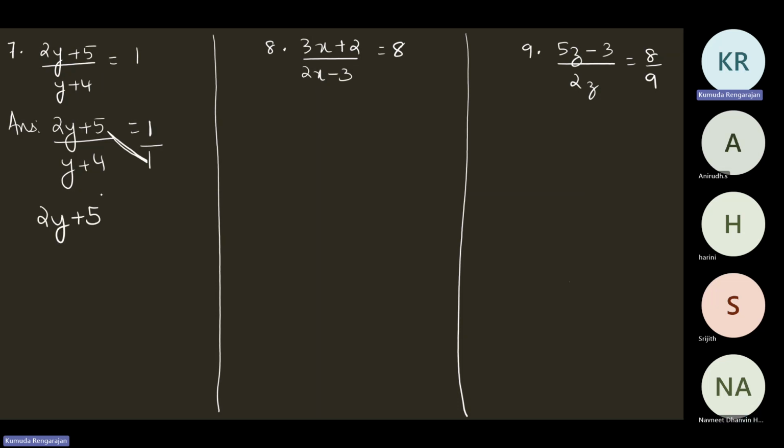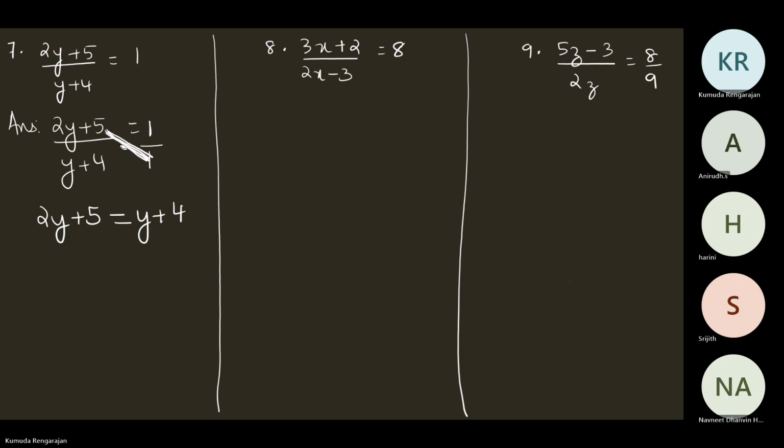So just write 2y plus 5 is equal to 2y minus 5 by y plus 4. 2y plus 5 into 1 is 2y plus 5. And y plus 4 into 1 is y plus 4.